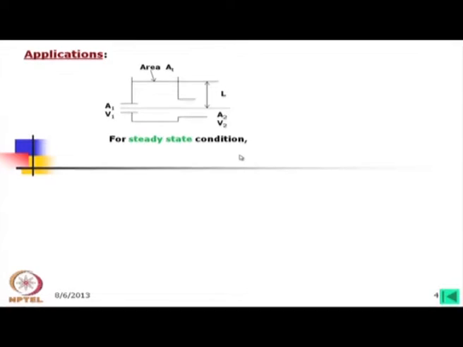Now, for steady state condition, we can write rho V1 A1 is equal to rho V2 A2. What does it mean, the steady state conditions? That there will be no change in this volume, where L is not varying.